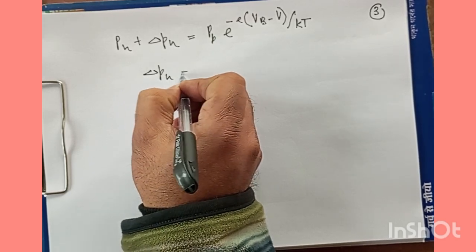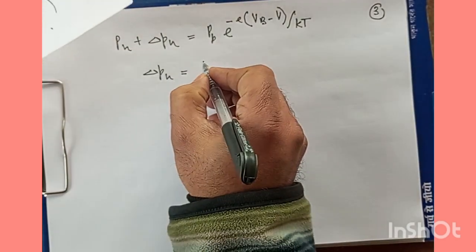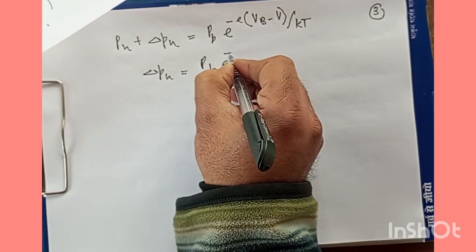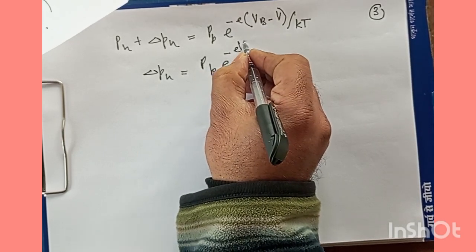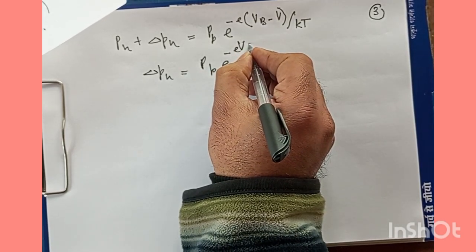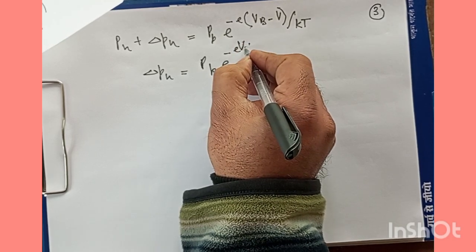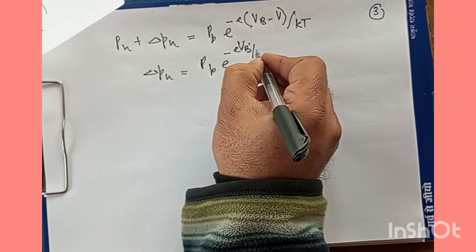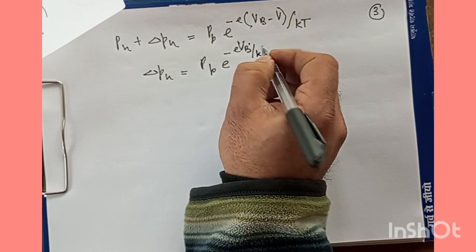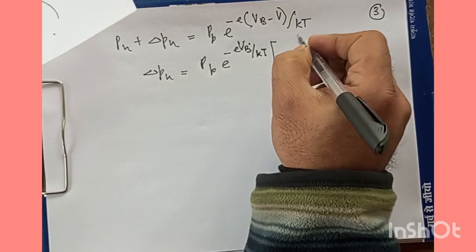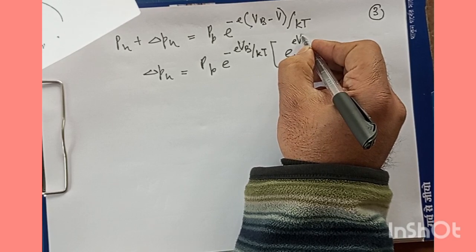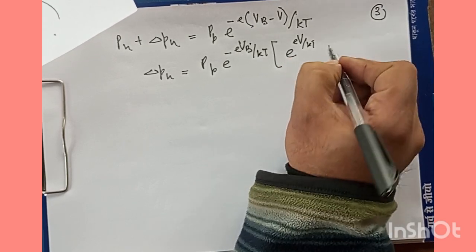This delta Pn will come out to be P of P e to the power of minus EVB by KT, and inside you will remain with e to the power of EV by KT minus 1.